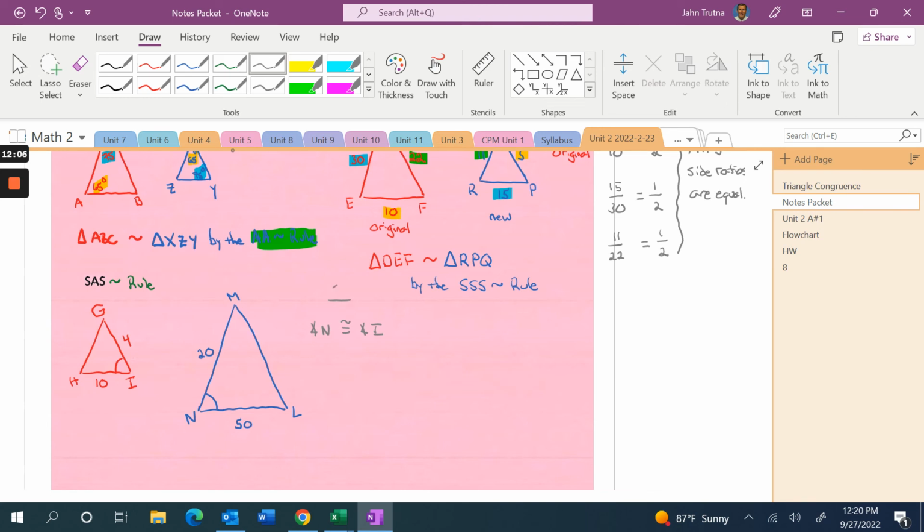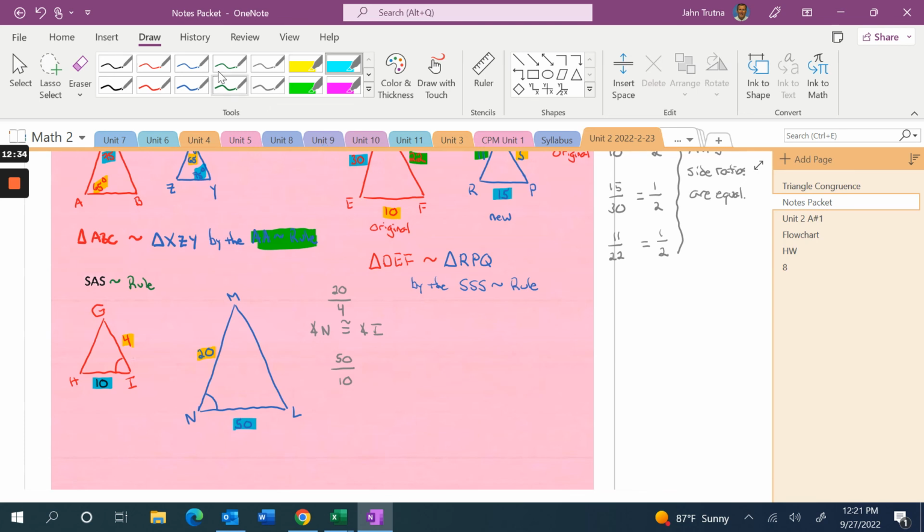One ratio is 20 over 4, because 20 in the blue triangle corresponds with 4 in the red triangle. I know that because they're the shorter of the two sides. And then another ratio would be 50 over 10. And I know that because 50 is the longest side of the blue triangle, and it corresponds with the longest side of the red triangle, which is 10.